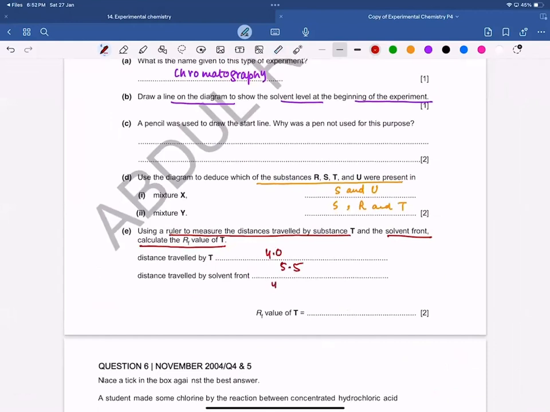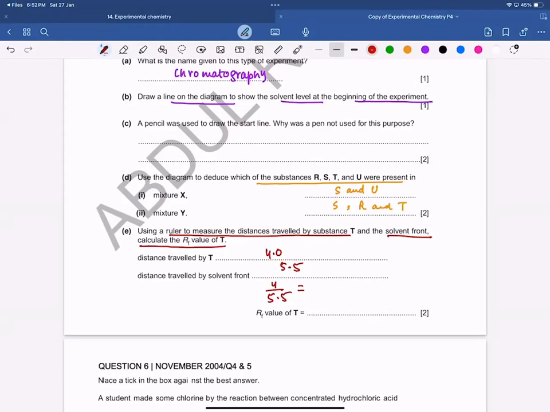So the RF value will be 4 over 5.5. 5.5 is the distance traveled by the solvent, which is always in the denominator, and the distance traveled by the substance is in the numerator.